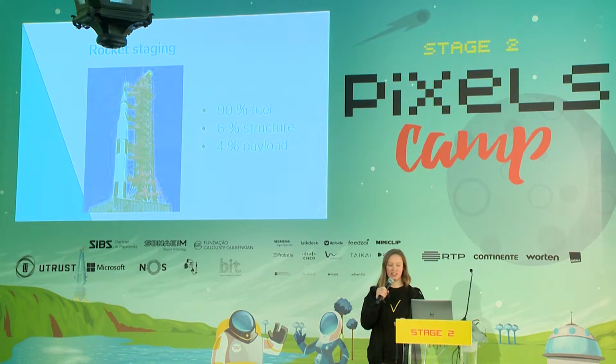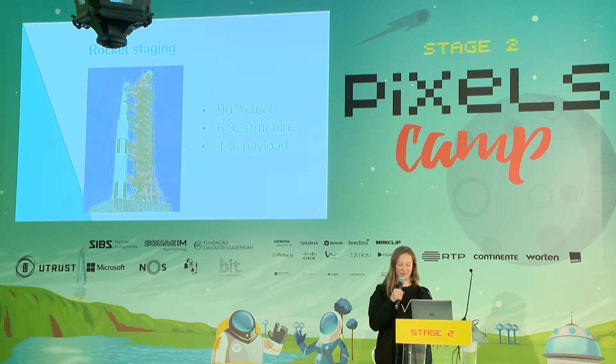One interesting thing to know is that a rocket is almost always 90% fuel. So basically most of the mass inside the rocket is for the fuel. Only 6% is for the actual structure of the rocket.